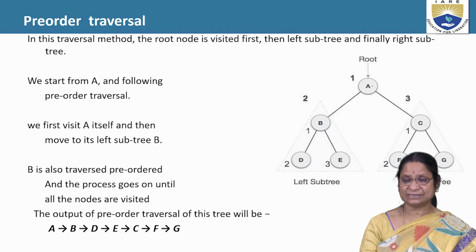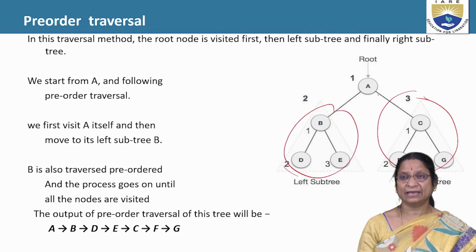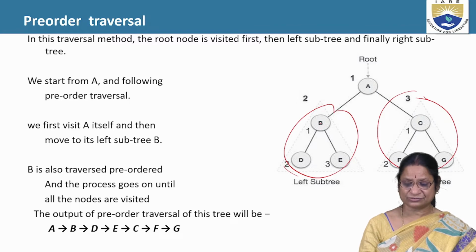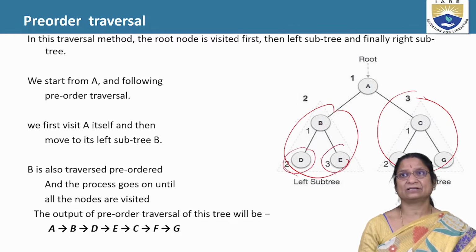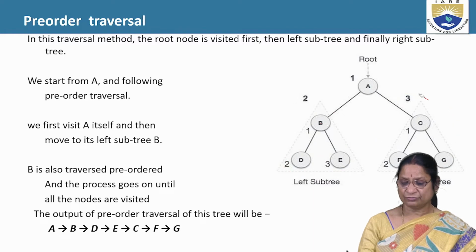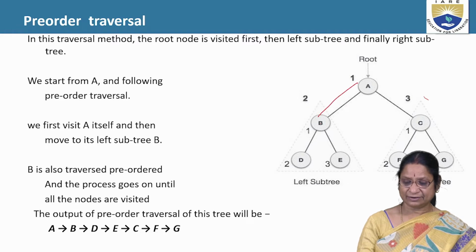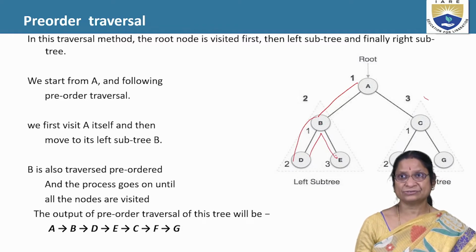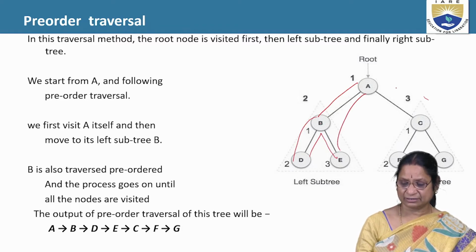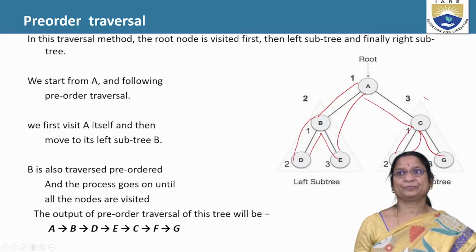If you observe, root is A, then second is the left subtree, then third the right subtree will be processed. Again in the left subtree also, first root, then left subtree, right subtree. So first A, here the left subtree is B, then left is D, then go back, root is already processed, so the right subtree, E. Then go back, here again root, left and right.